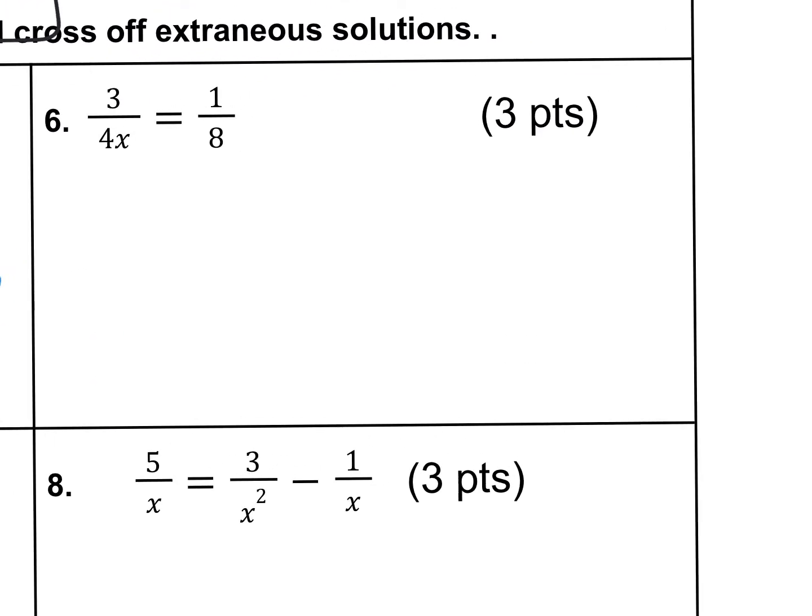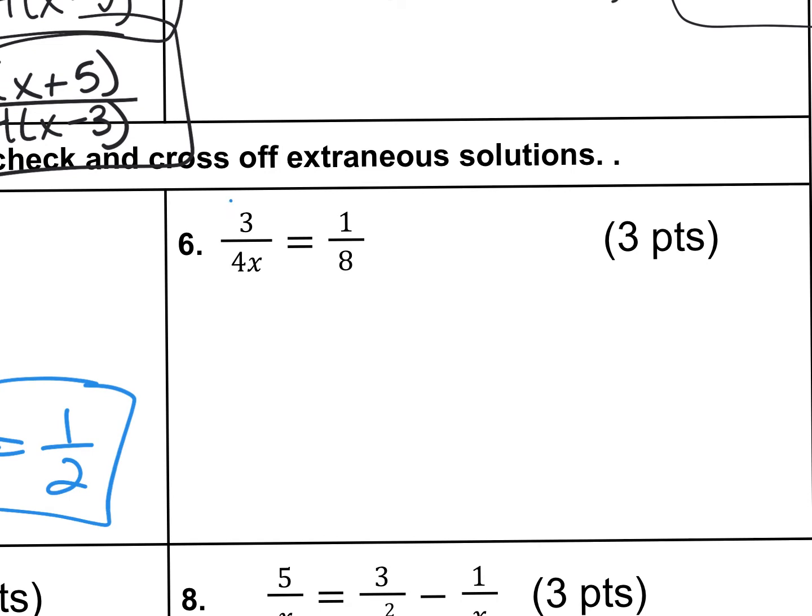Number 6, same thing. This time I do have a variable in my denominator, though. What's the common denominator going to be? 8x. You got it. What are we doing with it? Yep, multiplying, distributing it.